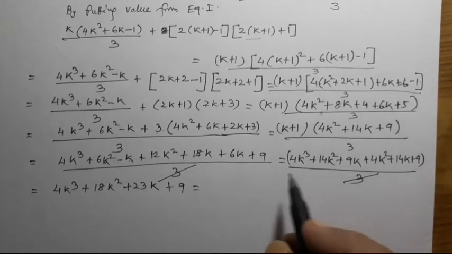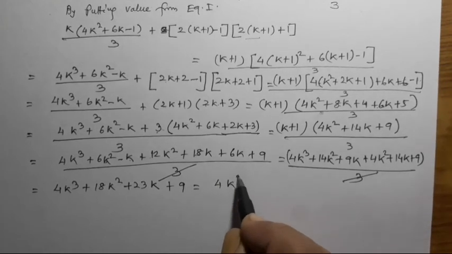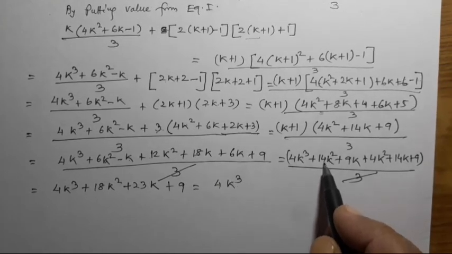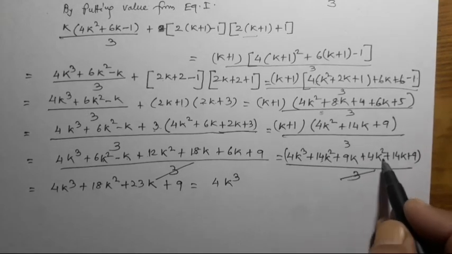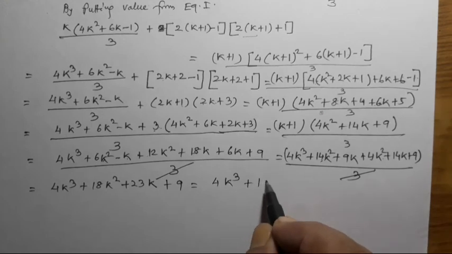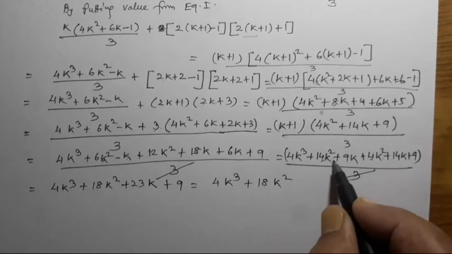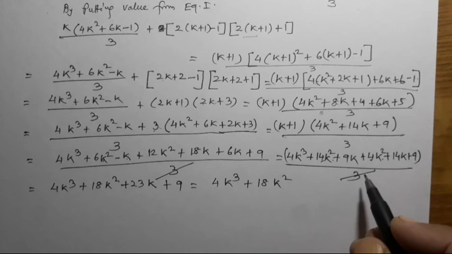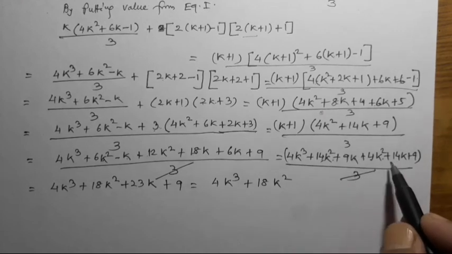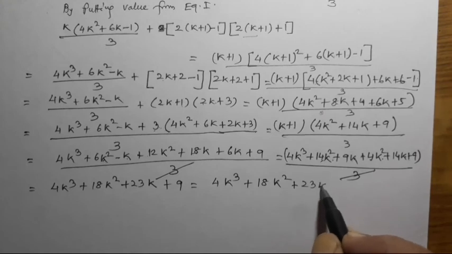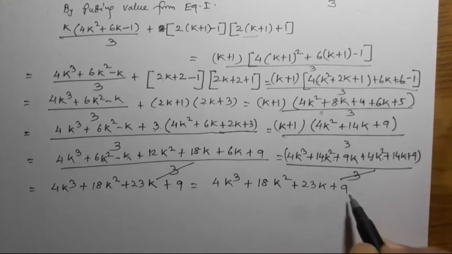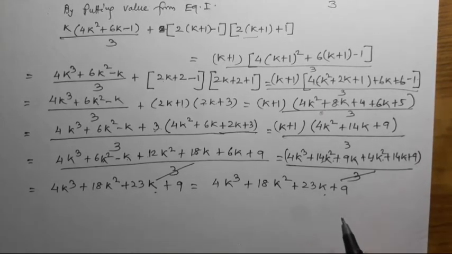On this side also, 4k cube, 14k square plus 4k square is 18k square, and 9k plus 14k will be 23k, and plus 9 is here. So LHS is equal to RHS.